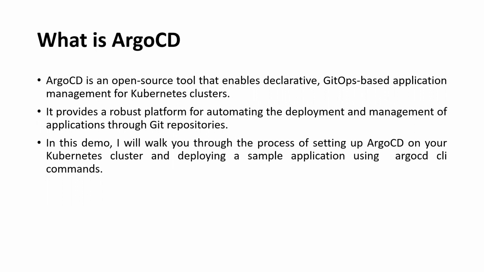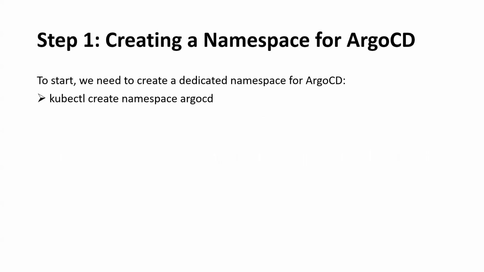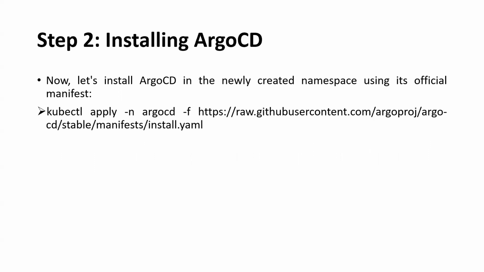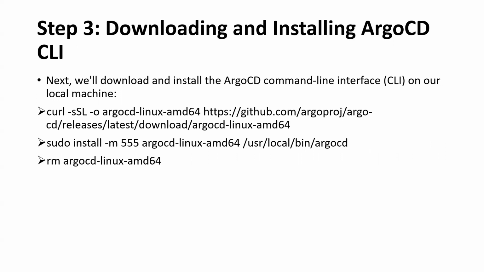So let us see what the steps are. The first step is to create the ArgoCD namespace. Second, install ArgoCD using the manifest files. Then install the ArgoCD CLI tool.